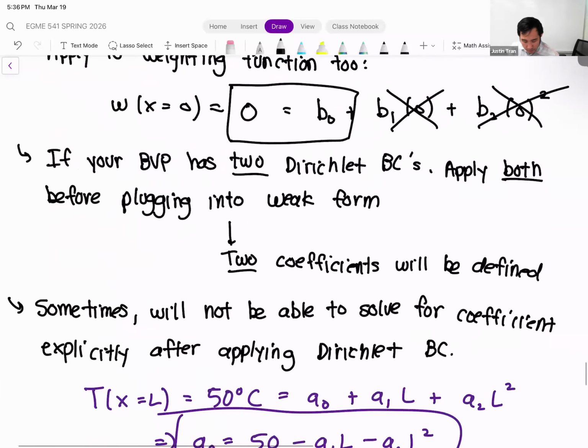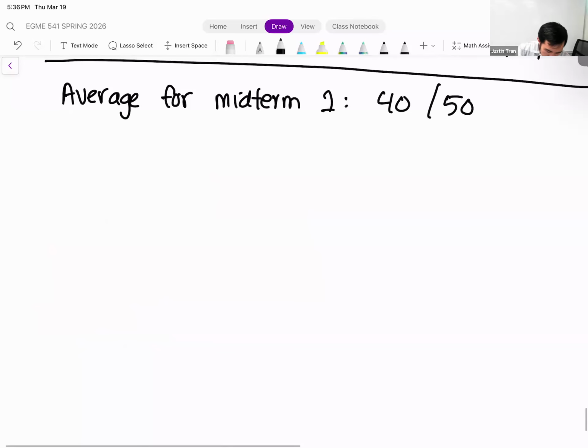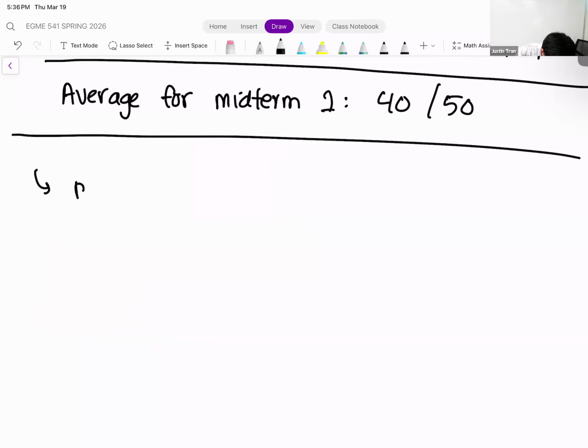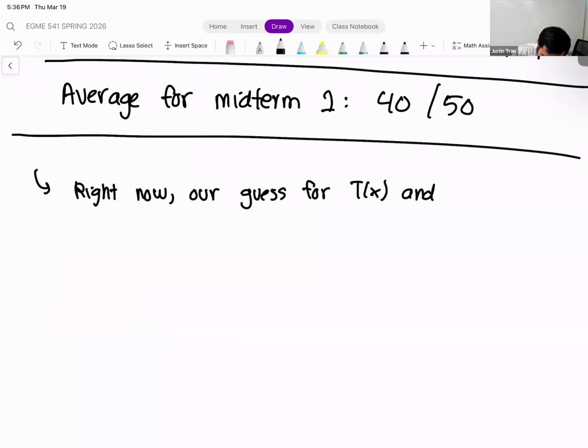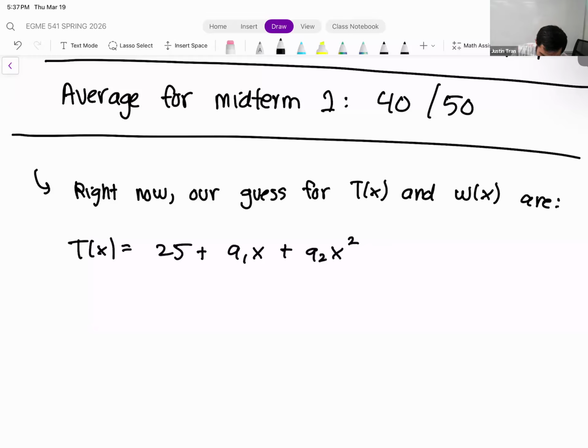And so if we pick up where we left off there, we can see that right now our guess for T of x and W of x are, okay, T of x is equal to 25 plus A1 times x plus A2 x squared, and W of x, right, B0 is equal to 0, and so this is B1 x plus B2 x squared, okay?